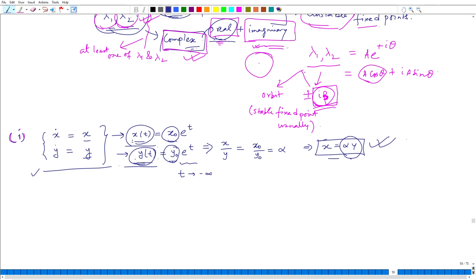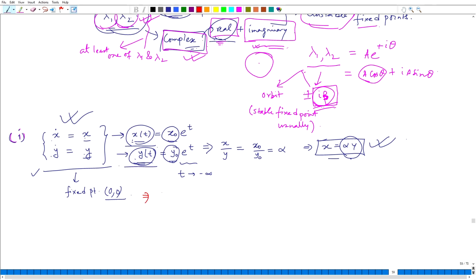However, if you look at the equations of dynamics, the fixed point is at x equal to 0, y equal to 0. So, the fixed point is 0 0. At 0 0 you have simultaneously x dot equal to 0 and y dot equal to 0. So, what is the conclusion?